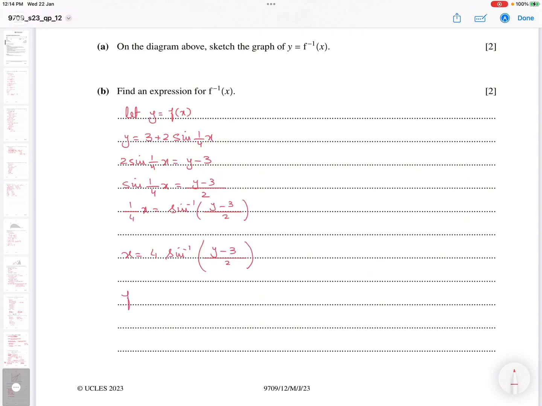Now you can write f inverse of x equals 4 sine inverse of x minus 3 over 2, replacing y by x. So this is your inverse.